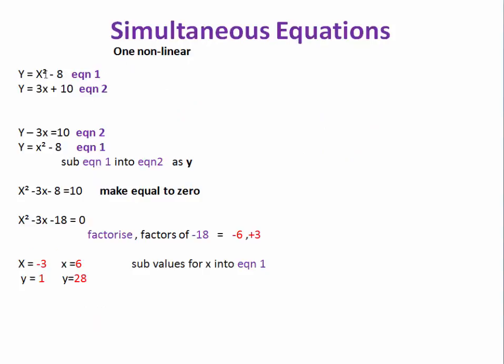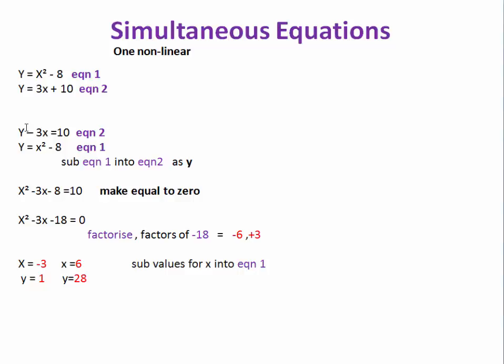Here we're given one equation with an x squared, so that's a quadratic, it's not linear. And here we're given a linear, so one non-linear equation. Make this linear equation into y equals something, or if a y is by itself, then we can go straight ahead.